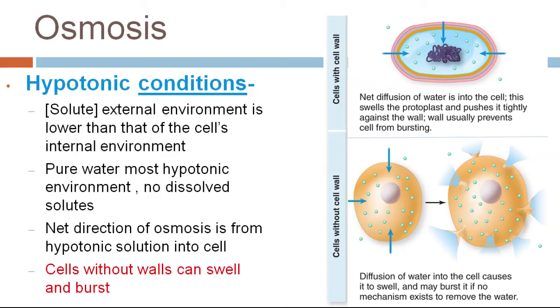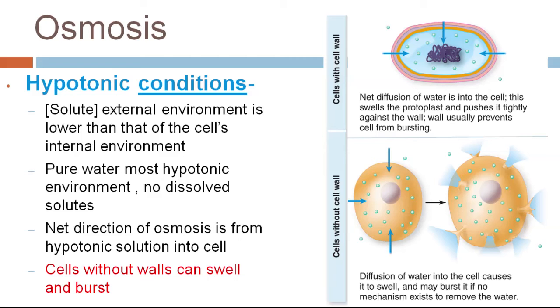Now we have to say that in comparison to a second solution. So there's one solution out here, which is hypotonic. We're saying that in comparison to a second solution, which is that inside of our cell. If this is hypo, we're saying this is hypotonic in comparison to this solution, which is hypertonic.